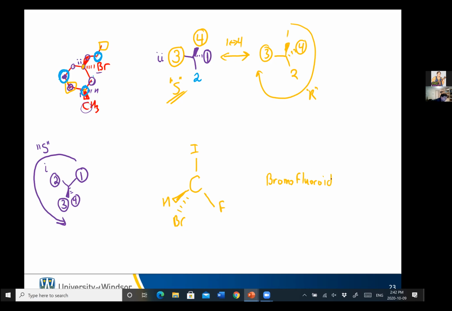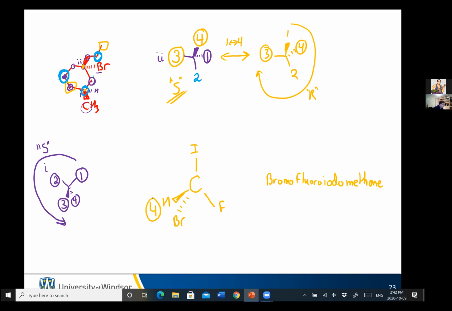I really have no natural talents I need to be a good organic chemist. Methane. I don't need to indicate that they're on carbon 1 because there is no other carbon. There is only one carbon. So this is bromofluoroiodomethane. It is one enantiomer of that.